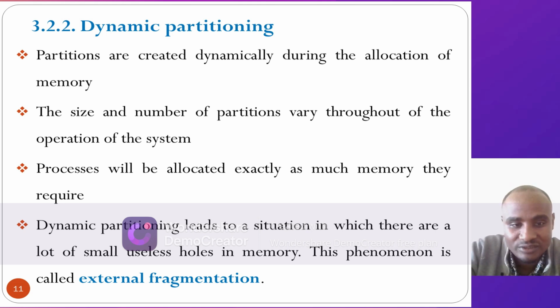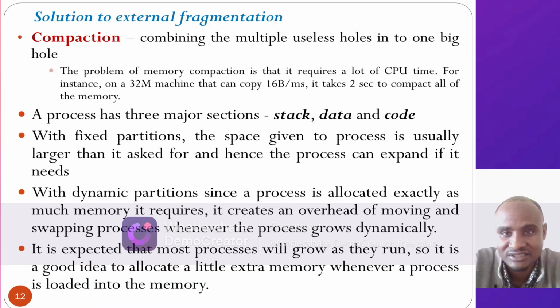Dynamic partitioning leads to a situation where there are a lot of small useless holes in memory. This phenomenon is called external fragmentation. So what is compaction? Compaction means combining multiple useless holes into one big hole. That means if there are small useless holes in memory, these useless holes are merged into one.